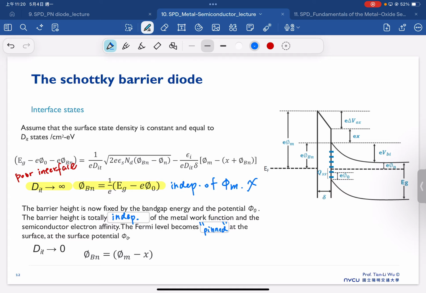Because we cannot use the metal work function or different electron affinity to change this barrier height, and the barrier height will only be related to the band gap, this is what we call pinning. That's a very professional term in the literature. We always call this Fermi level pinning.